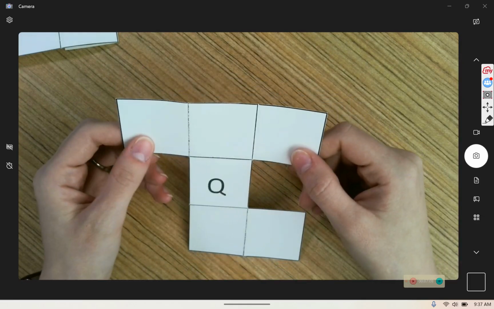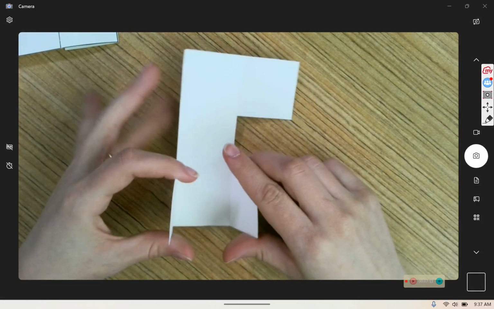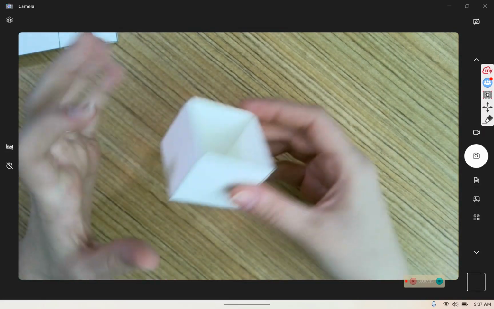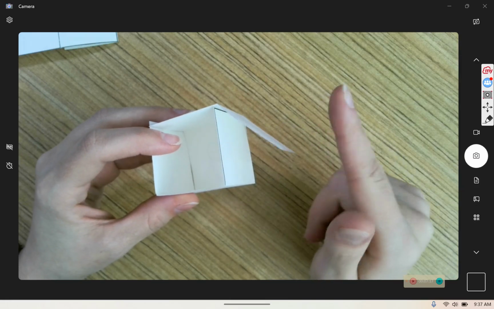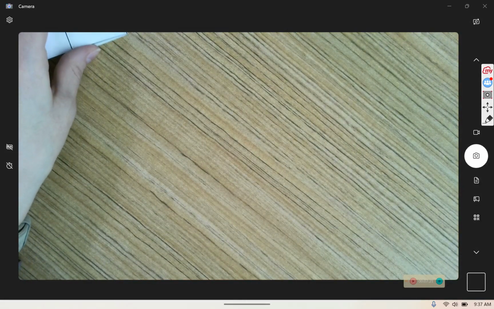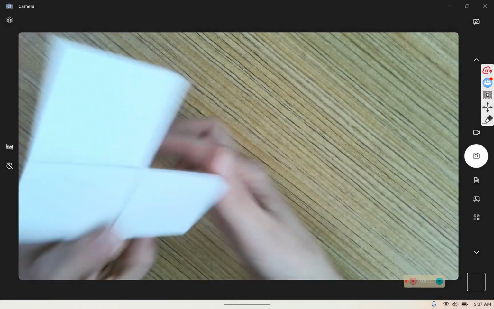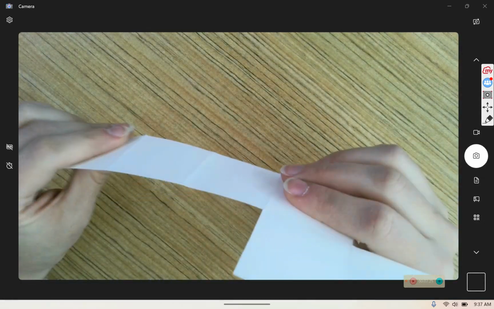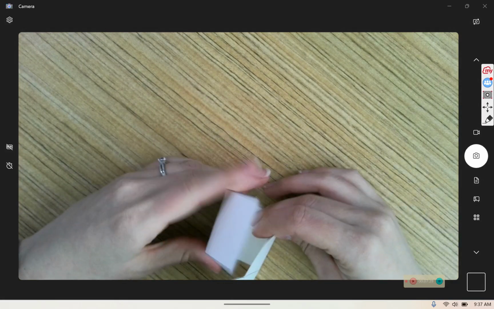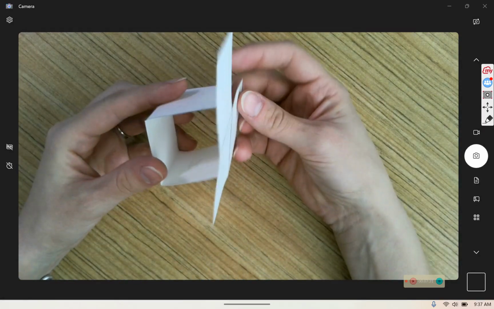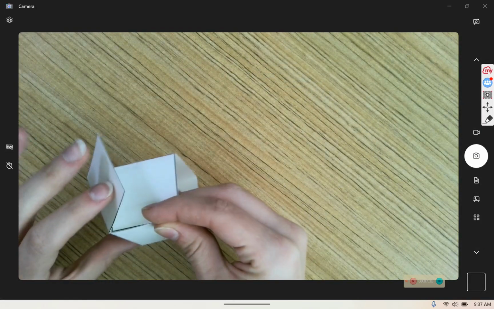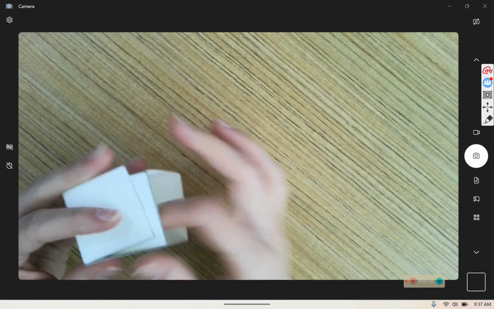Q. Overlaps on the side but leaves the hole. So no for Q. R. Overlaps here, but leaves this side open.